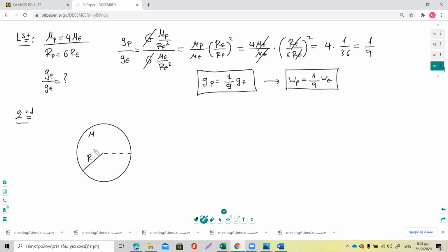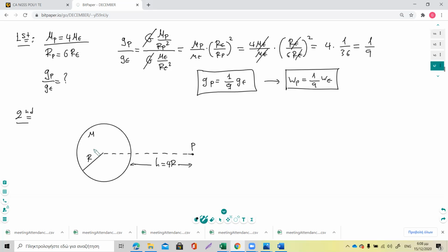And we want to go out there at the position P, and generally talking, the height measured from the surface of the planet is usually given in terms of the radius. For example, let's say that h is 4 times the radius.